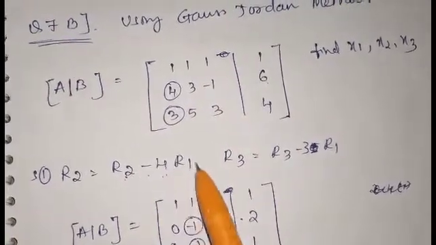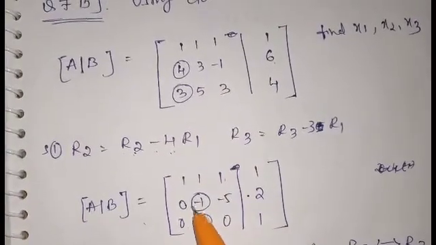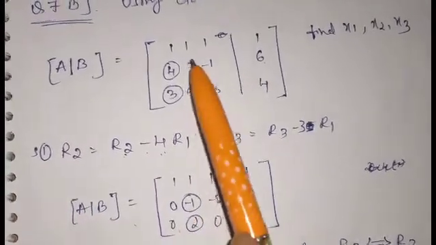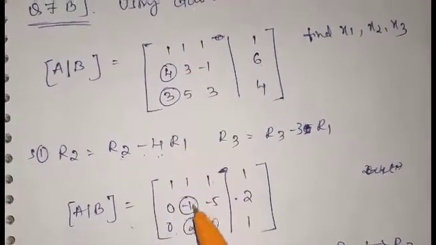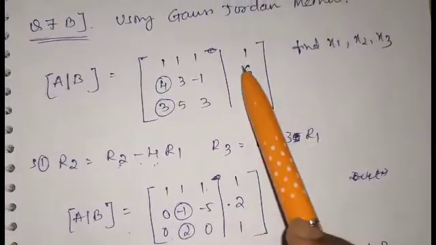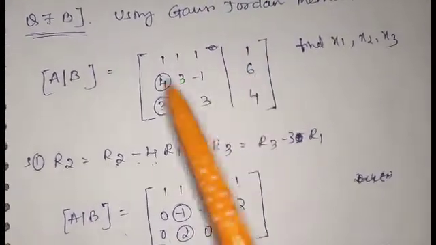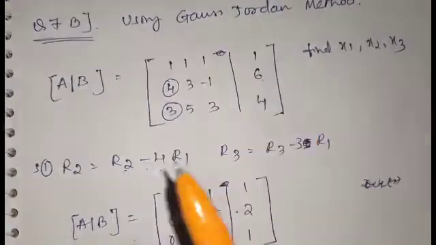So R2 minus 4R1: here it comes 0, here it comes 0. Applying the same rule here, 3 minus 4 into 1 gives you minus 1, then minus 5 and 2. Once you apply it to any one element, you should apply the same rule to the whole row.